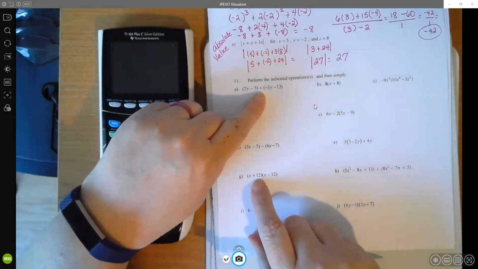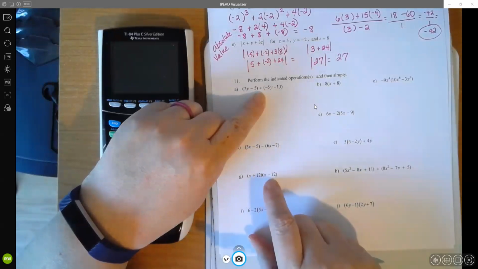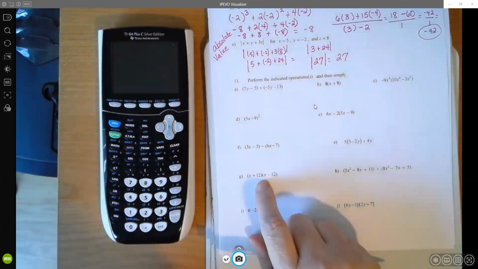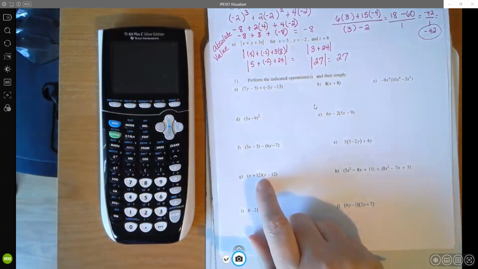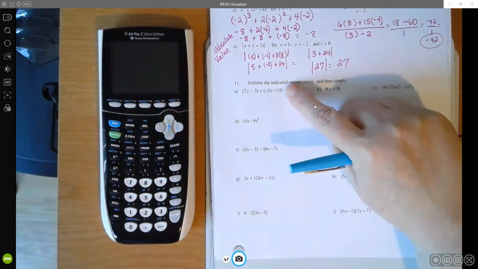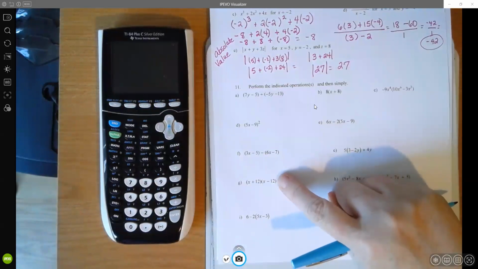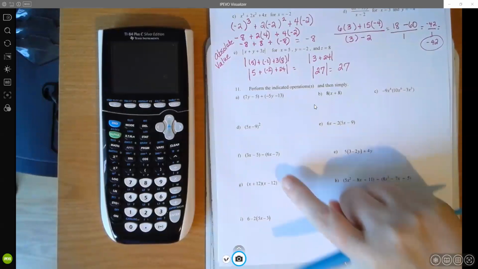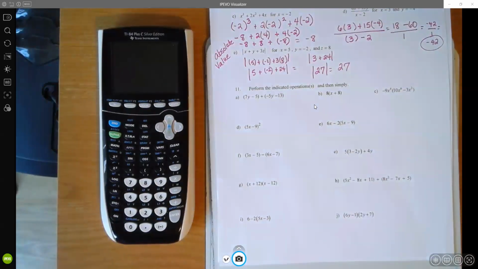In the letter G, we have 2 terms, parentheses and 2 terms, but notice there is nothing in between the parentheses. That indicates that A is an addition problem because there's an addition sign between them, and G is a multiplication because there is no operation sign between the 2 parentheses. 2 parentheses next to each other indicate multiplication.